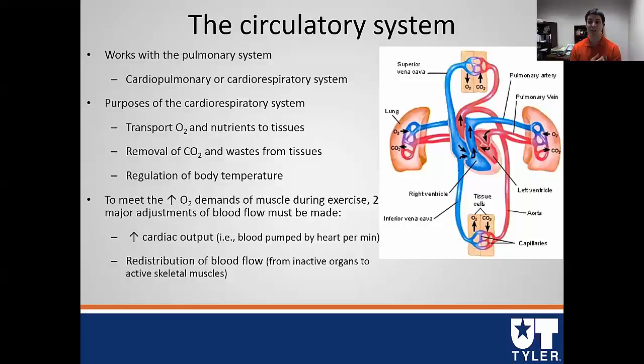So to do that, we need to do two things that we're going to focus on later on in the lectures. One is we're going to have to increase our cardiac output, or better yet, easier said before we get into the definitions of cardiac output, we need to increase the amount of blood that we are pumping and flowing in our body, right? So increase the amount of flow in our body, and the delivery of oxygen and nutrients will improve just by that.